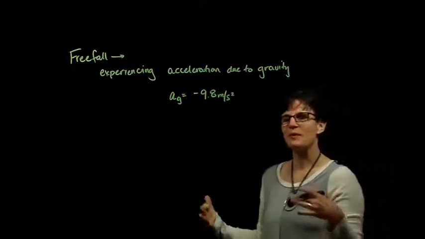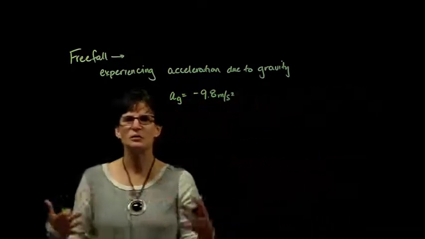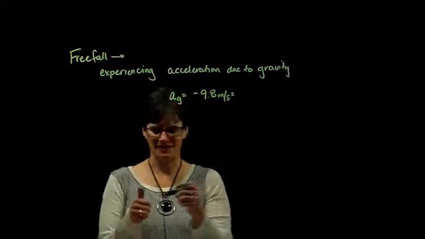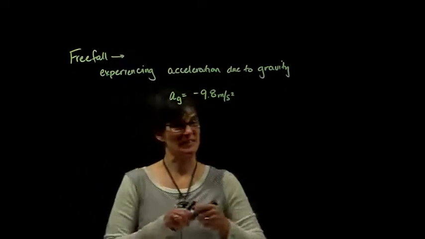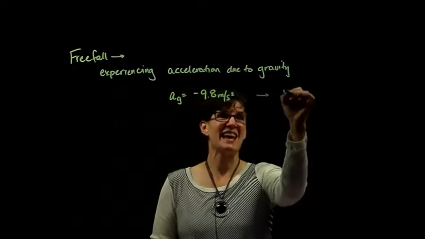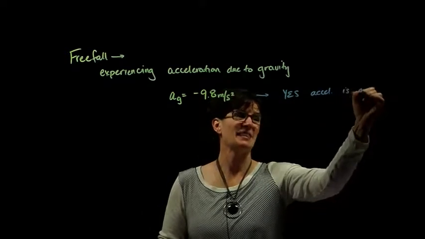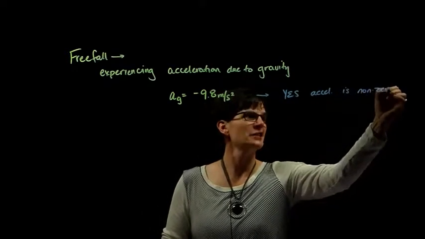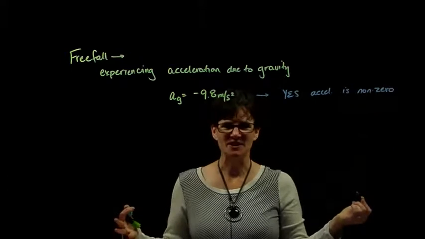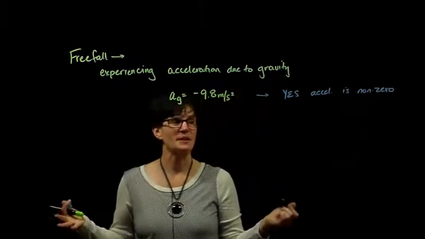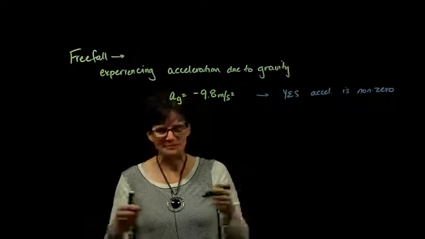Well, we want to think about what's happening as the object goes through its motion and hits that peak. So the easy answer, at least part of it, is that yes, the acceleration is non-zero. And it's okay for you to remember that, just that if I'm in free fall, I always have an acceleration. We're going to use that in problem solving, of course. But it's also good to understand why.